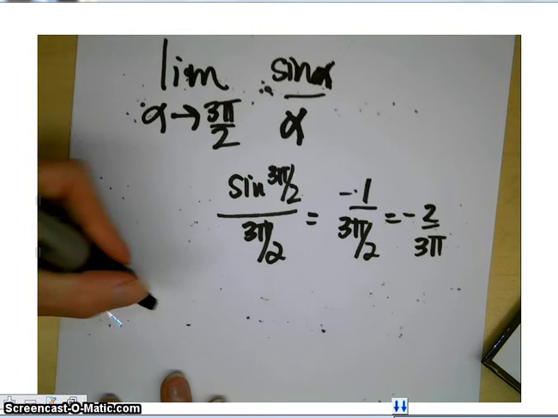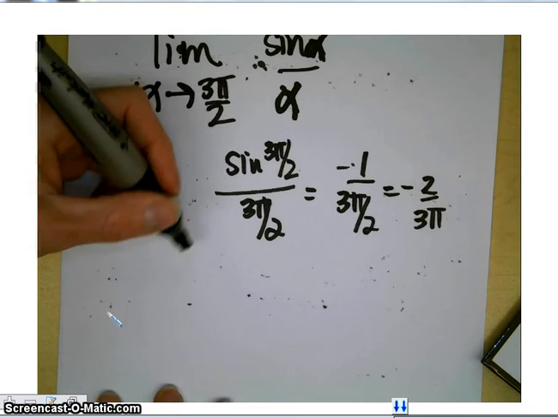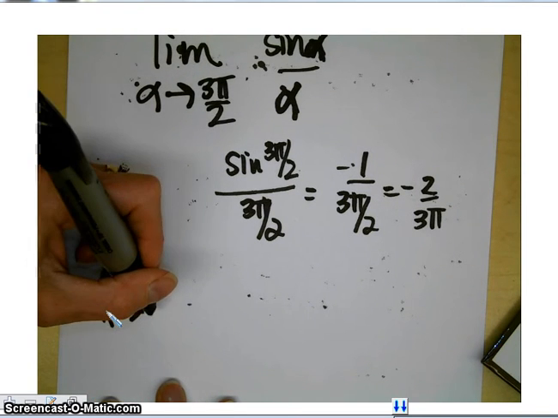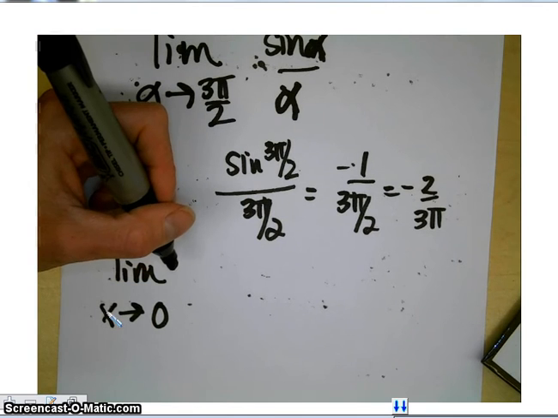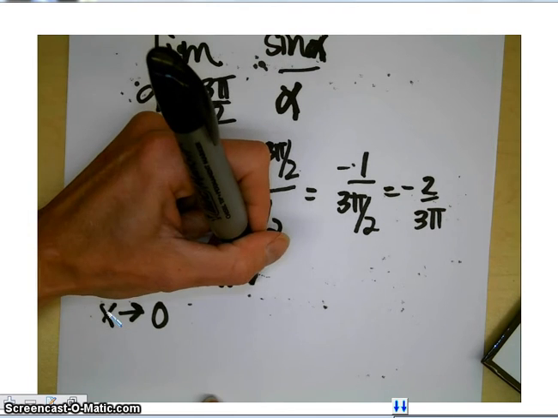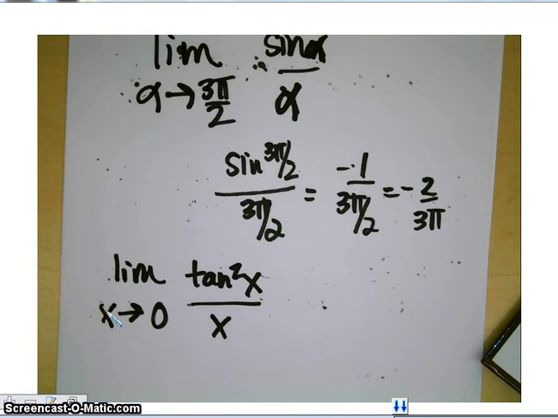All right, I'm going to look at one more here. What if I wanted to find the limit as x goes to 0 of tangent squared x over x? Okay, substitution. What's the tangent of 0?